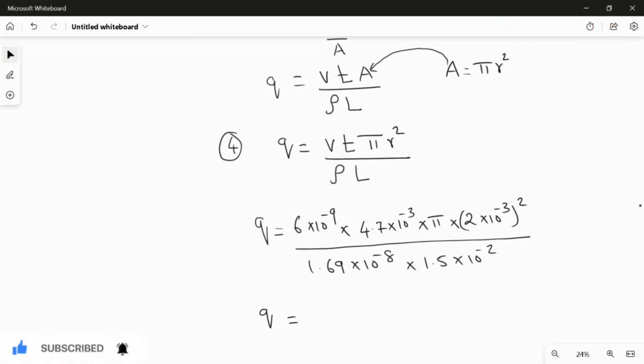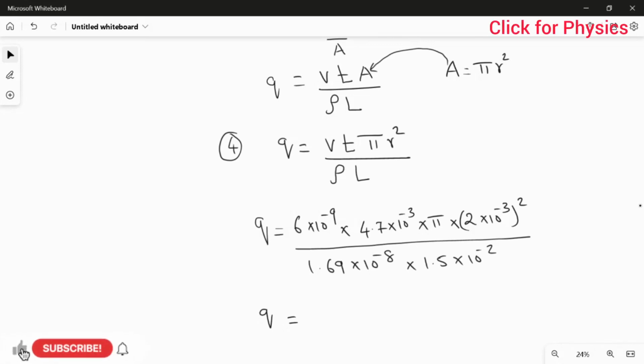I'm going to use my calculator. 6 multiply 10 to the power of minus 9 multiply with 4.7 10 to the power of minus 3 multiply with the pi value multiply with 2 multiply 10 to the power of minus 3 the whole square, divided by 1.69 10 to the power of minus 8 multiply with 1.5 10 to the power of minus 2. Here I got the answer as 1.397 multiplied 10 to the power of minus 6 coulombs.